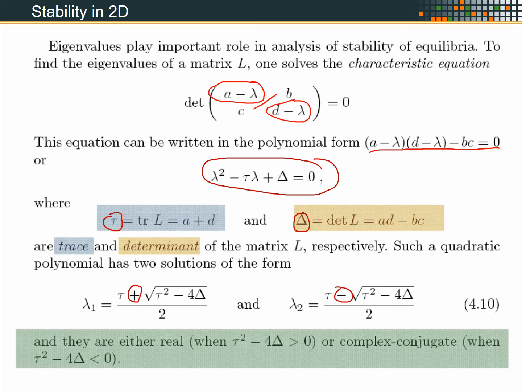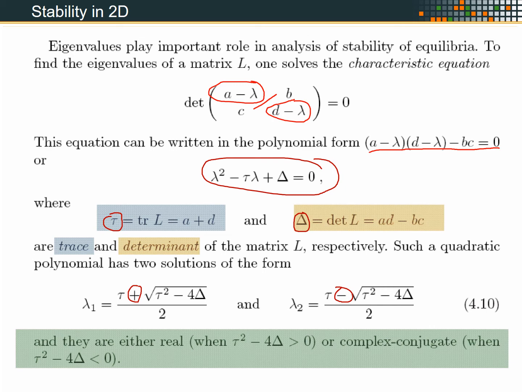So it's tau plus the square root of tau squared minus 4 delta divided by 2. So in practice that means for you that once you have computed the derivatives and evaluated the derivatives at the fixed point, you can compute immediately with the Jacobian the tau and the delta, plug it in and compute the value.